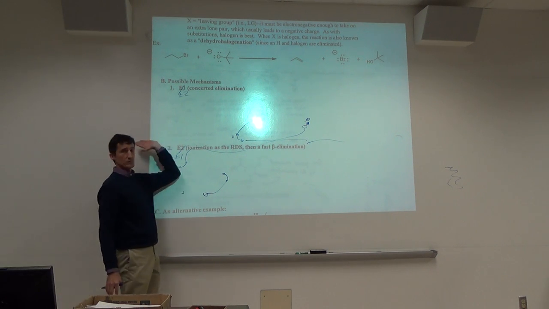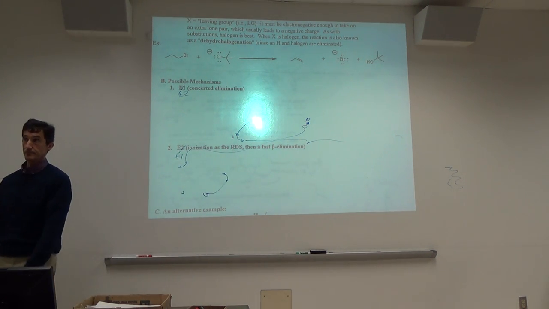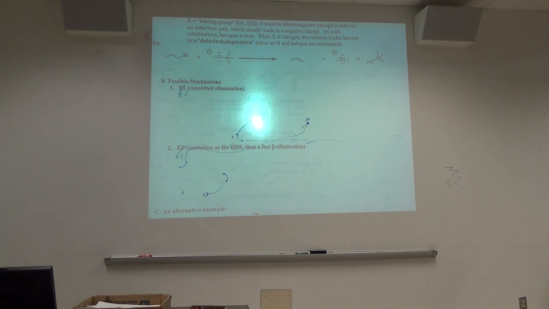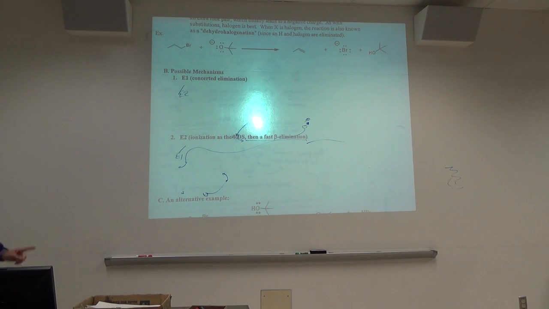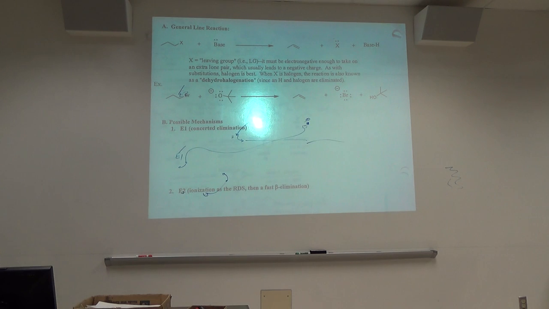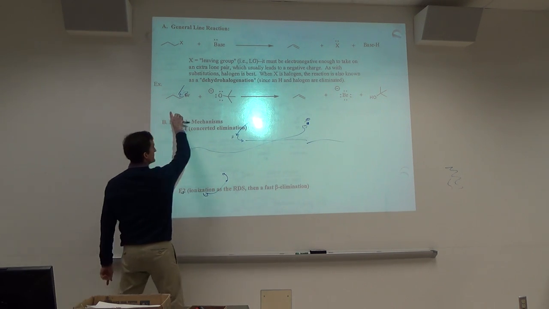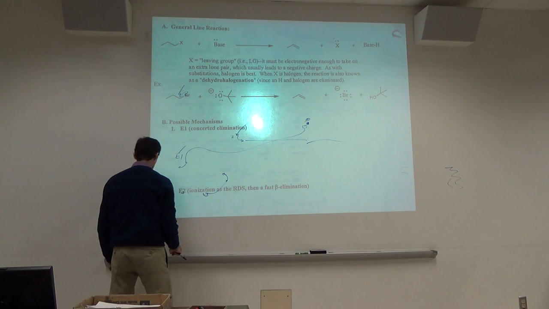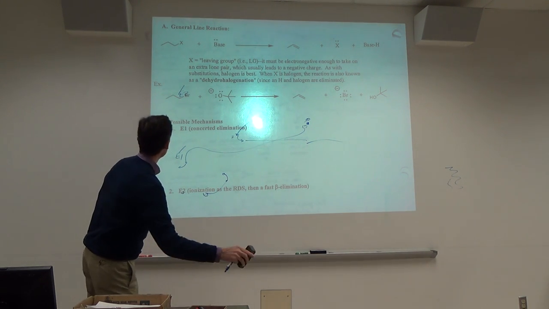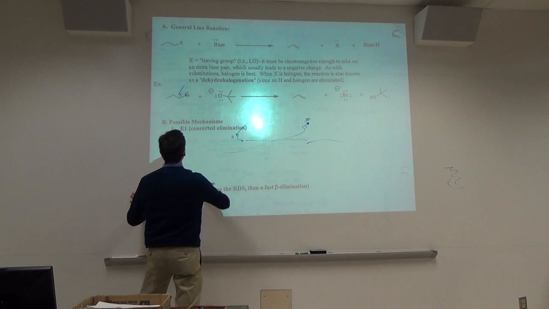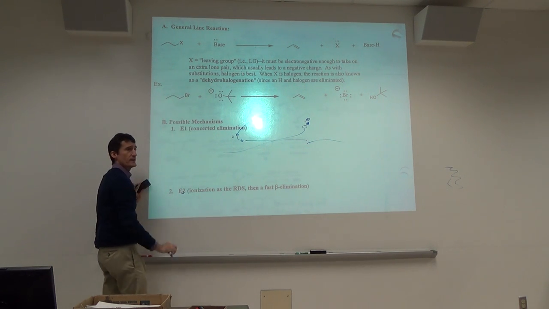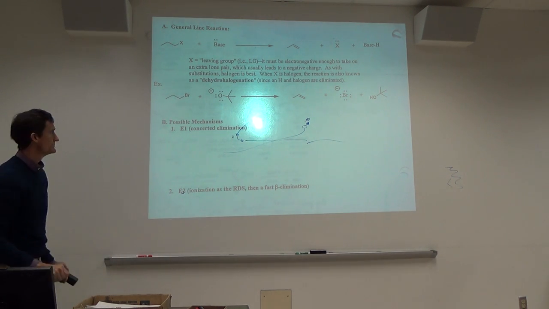The E2 that we showed was only 1 step. There was no intermediate. So which step was the rate determining step? That step. At the end, I asked you, could you show another mechanism for getting to those products? We showed two mechanisms up here. Which mechanism is this elimination, E1 or E2? It's E2. Why? You don't want to form a primary carbocation. What's another reason it's E2?